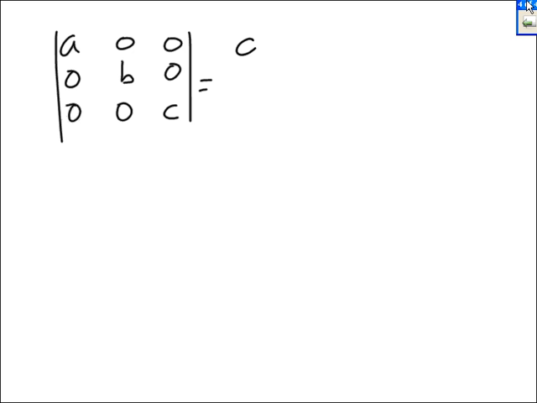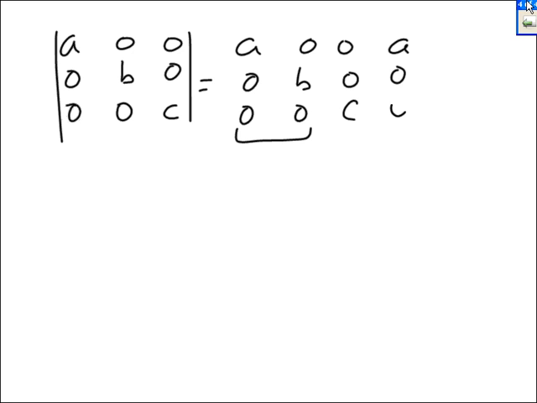So what do we do? We write down the matrix. We add on the first 2 columns, and then we multiply. It's one set of numbers minus another set of numbers.